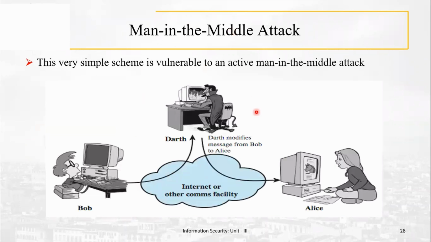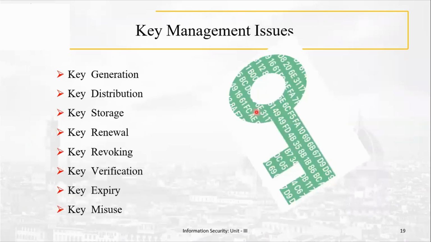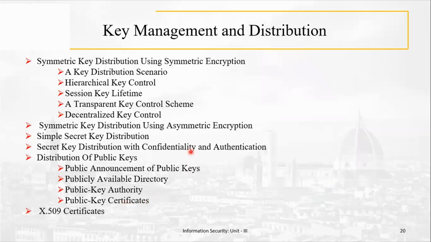I'll explain the scenario, how the key is taken over by the man in the middle. So whether someone is misusing the key, you have to keep a check on that.